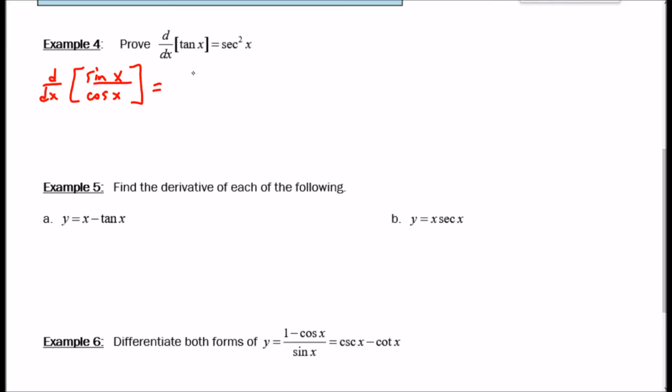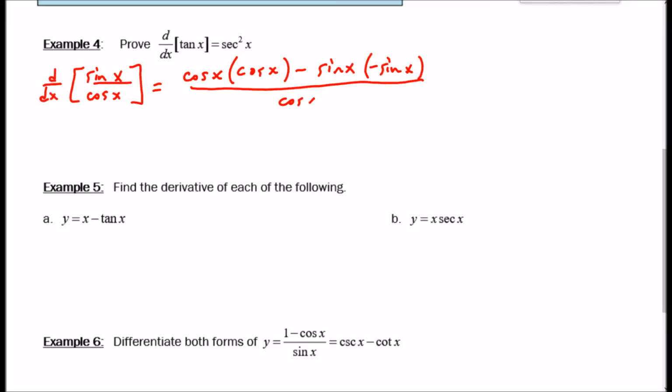So quotient rule says low times the derivative of the high, minus high d low, so minus sine x times the derivative of cosine of x, which is negative sine of x, over low low, so cosine x quantity squared.